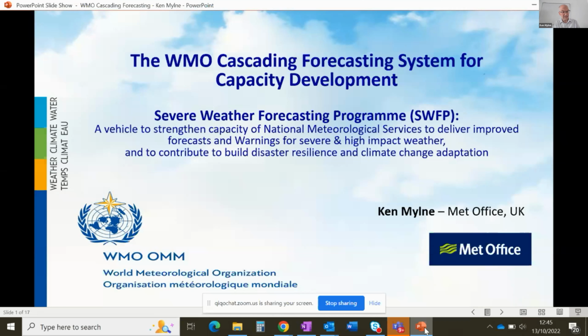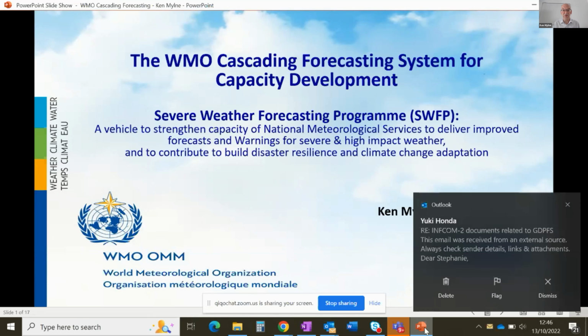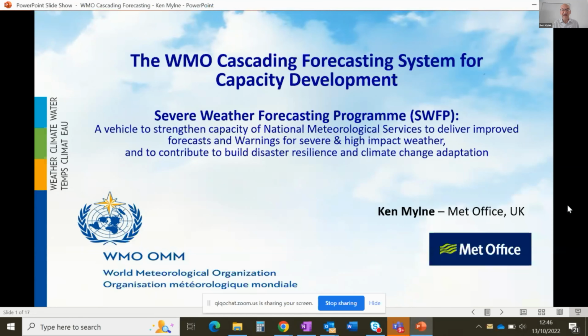And I think actually, just looking at the very last slide of Regina's just now, this talk follows on quite well. She mentioned the idea of a top-down approach. What I want to talk to you about is what we call the WMO cascading forecasting system for capacity development. But that's best exhibited through what we call the Severe Weather Forecasting Program, which is the main topic of this talk.